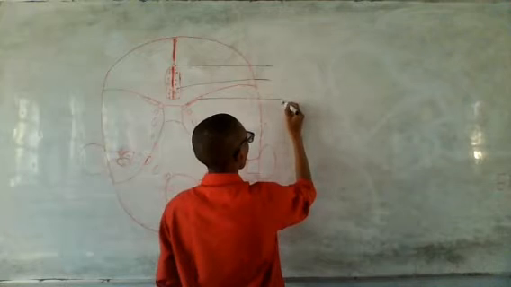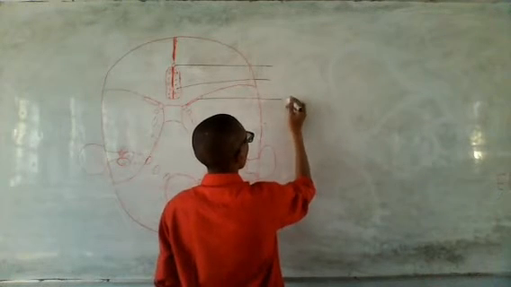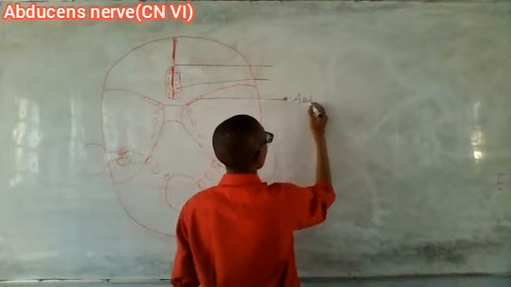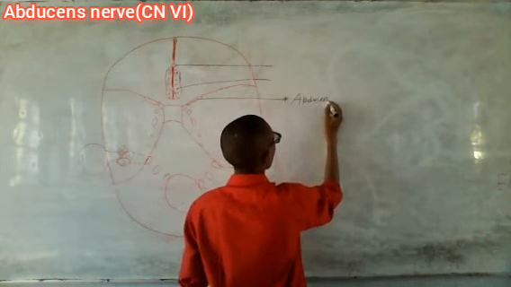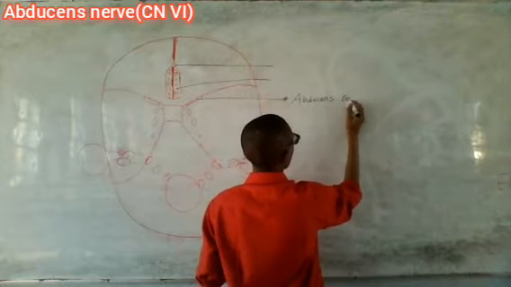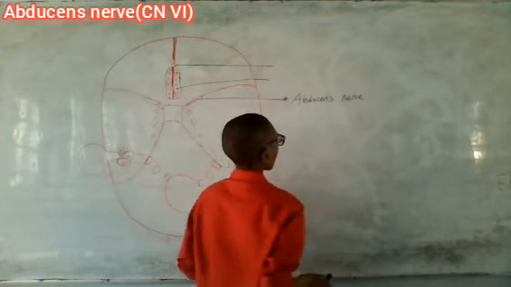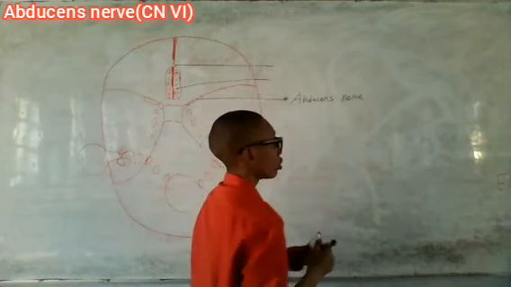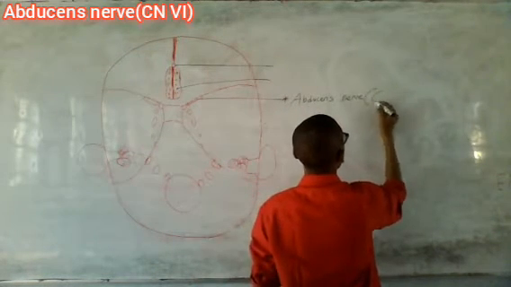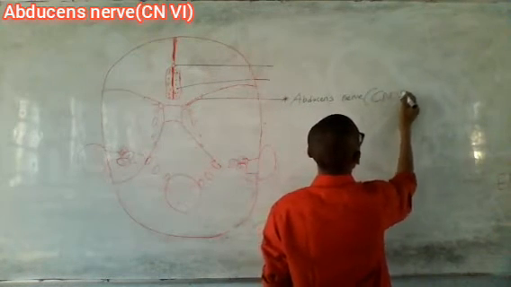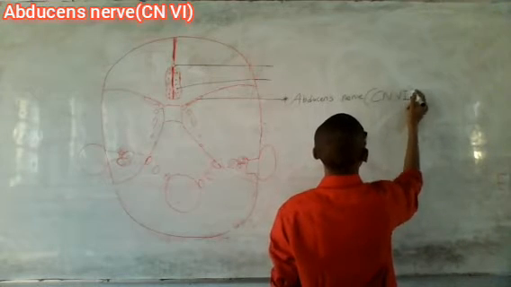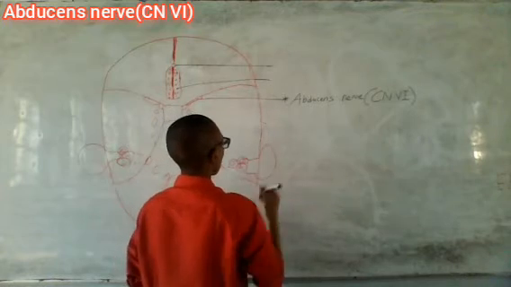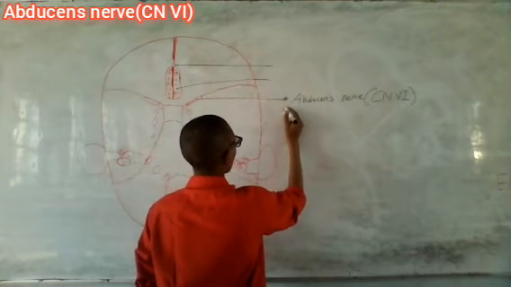The first structure is the abducens nerve. The abducens nerve is also called the sixth cranial nerve. That is one of the structures that pass through.